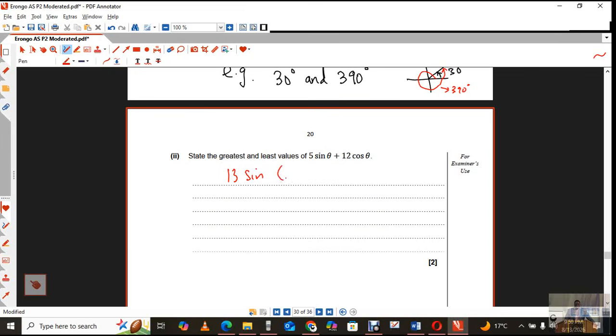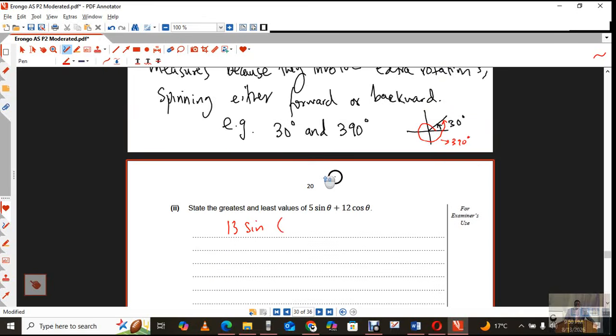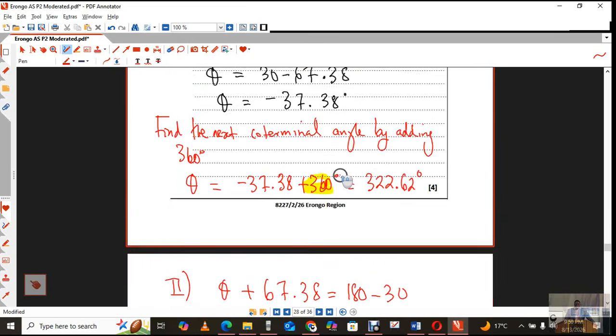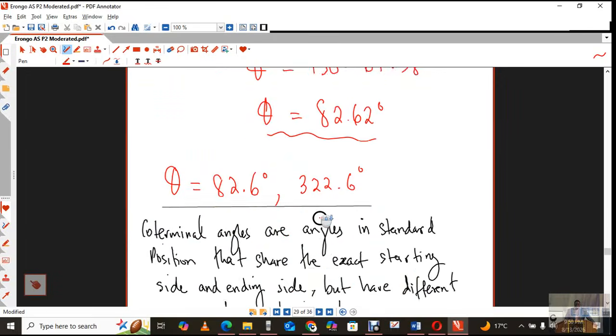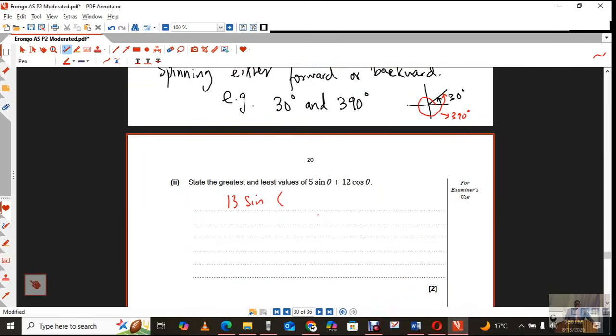Was it alpha? It was alpha, right? Alpha. So let's go back all the way to where we had theta plus 67.38. Sine of theta plus 67.38.